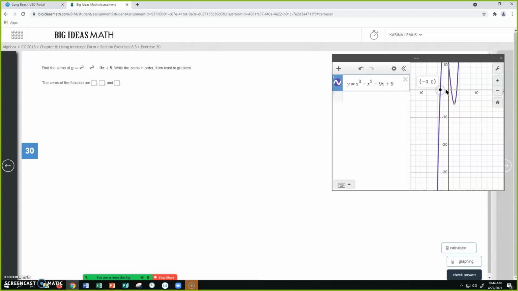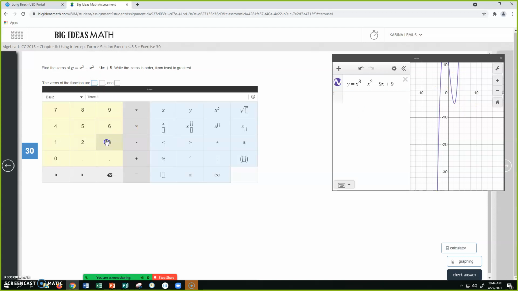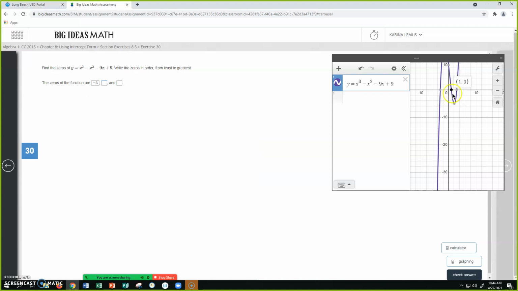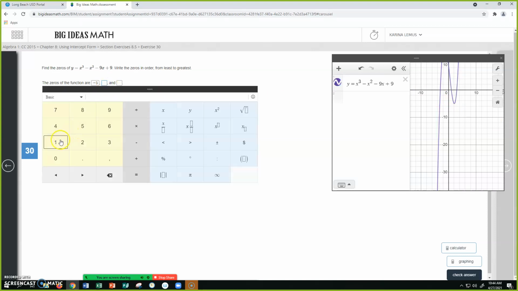But we really only care about the intercepts there. So -3, +1, +3. Wasn't there a 0? Oh, +3, I lost my track. 1 and 3.